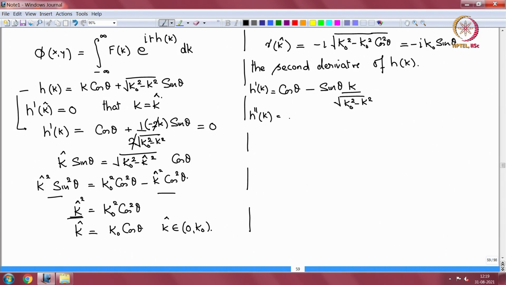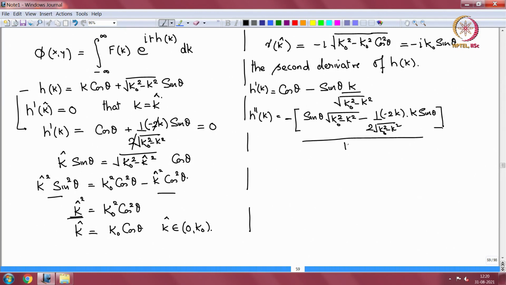Then let's keep a minus outside. Then I get a sine theta square root of k0 square minus k square minus 1 by 2 square root of k0 square minus k square minus 2k, into k sine theta, divided by the square, which is k0 square minus k square.